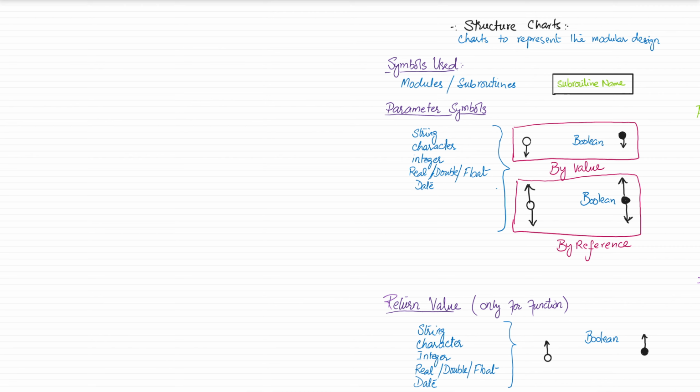So a by value parameter will only have an arrow going towards the subroutine, okay? While the by reference parameters will have two-faced arrows, up and down, because by reference actually changes the argument that is passed as a parameter.